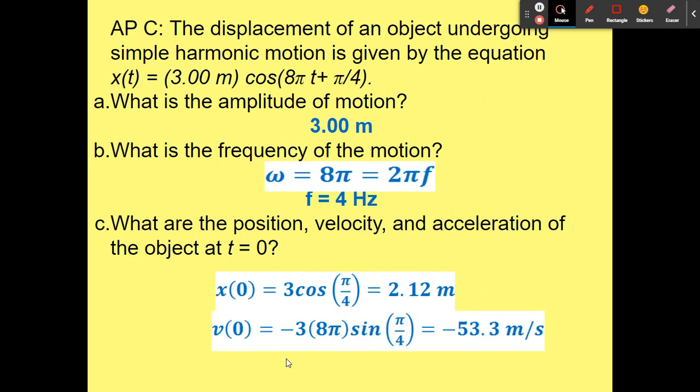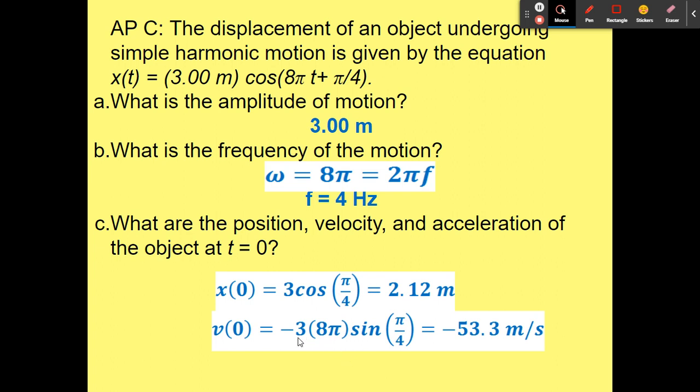To get v, we're going to take the derivative of x of t, and that's going to be the negative sine, and then just make sure you multiply by the 8 pi, since that's omega. This part here does not factor in because it's not attached to a t, so you don't need to worry about that. It's just a constant.